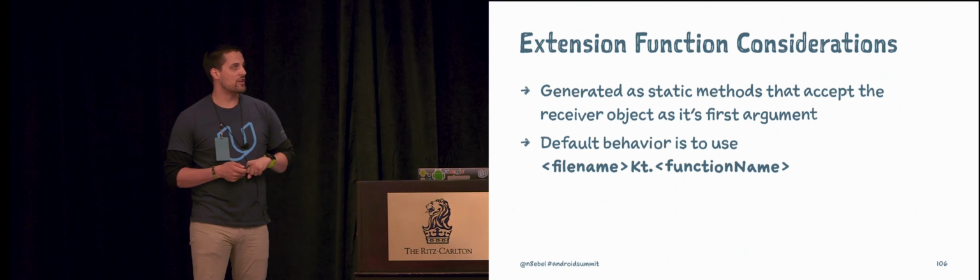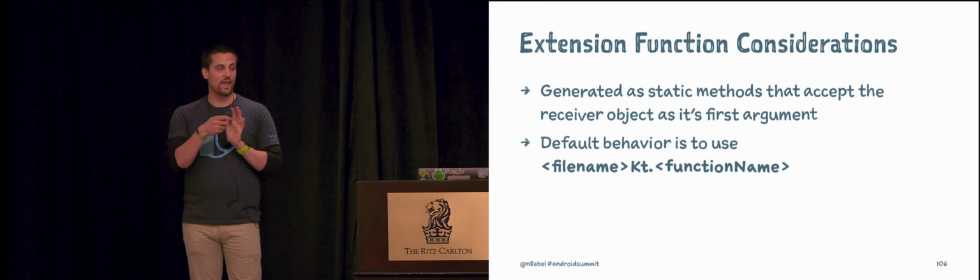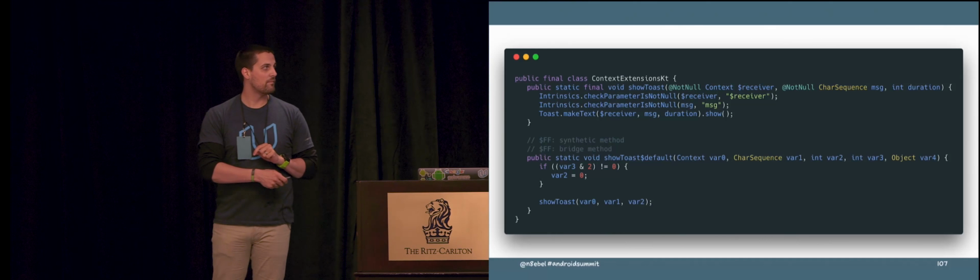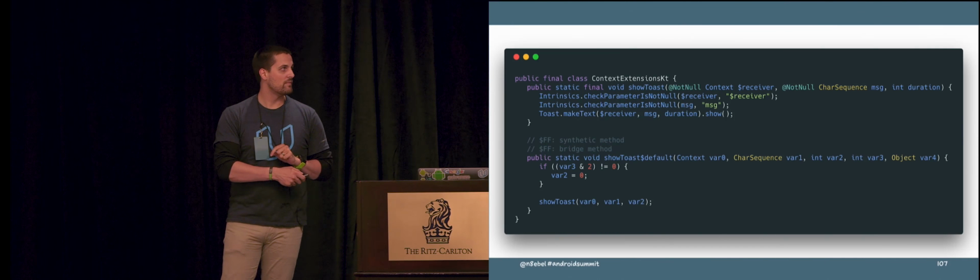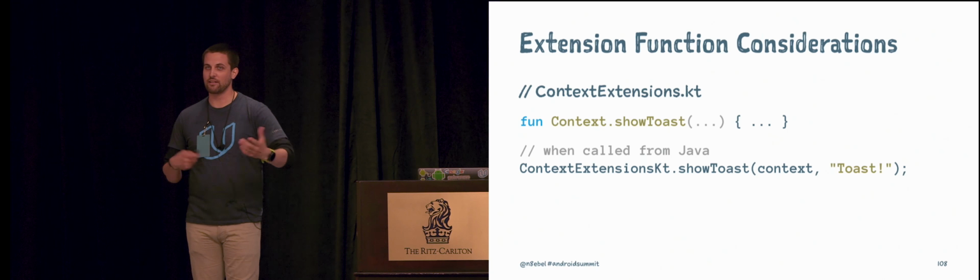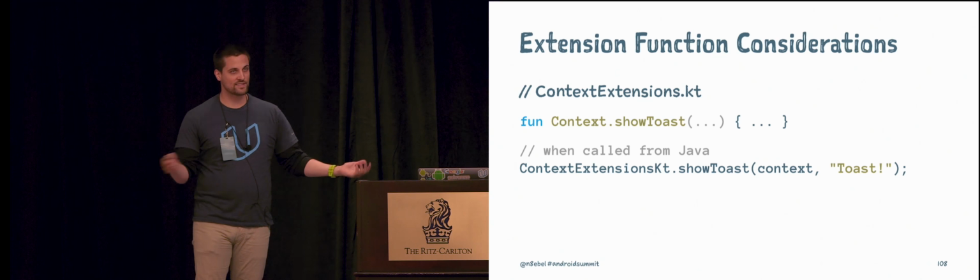And the format for the generation is, again, the file name with KT, and then the name of the function. So if we look at this for our context, we see that we have the show toast, and it takes in the context as the first thing, and then the rest of the parameters. So from Java, we can call it as ContextExtensionsKt.showToast. And like we saw before, you could change the name of that generated class into something like ContextHelpers if you wanted.